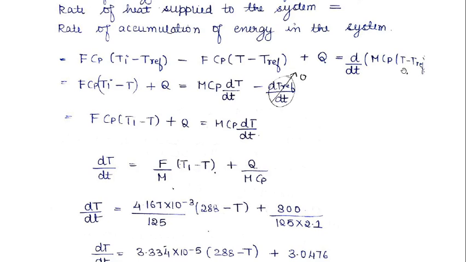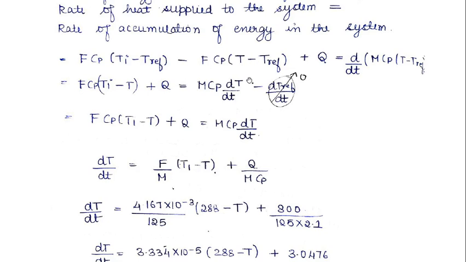And this T is a variable. Here also I have taken T as a variable, but Ti comes in as a constant value. Now simplifying the whole thing, T ref and T ref get cancelled out here. I can write it as F Cp, because F is constant and Cp is also constant, I can combine these two things. It becomes Ti minus T.